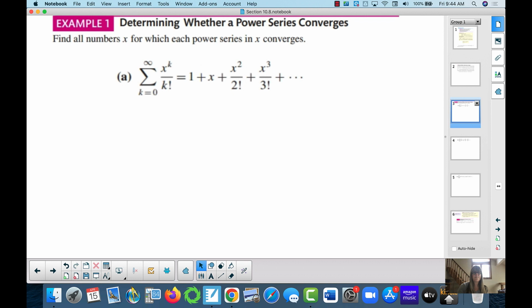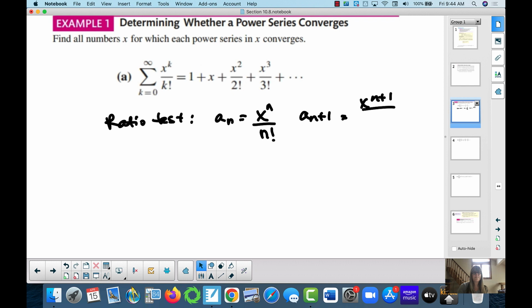So if we use the ratio test here, you'll recall that is where we figure out what a sub n is, which is just going to be x to the n power over n factorial, and then a sub n plus 1, which is x to the n plus 1 over n plus 1 factorial.